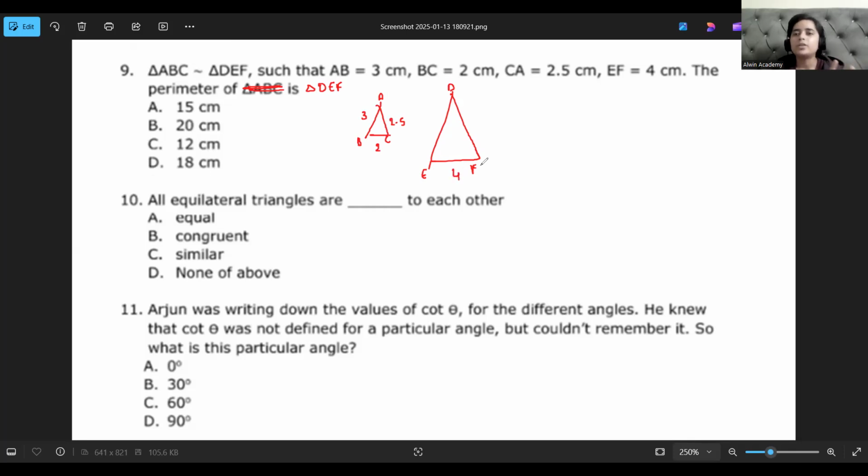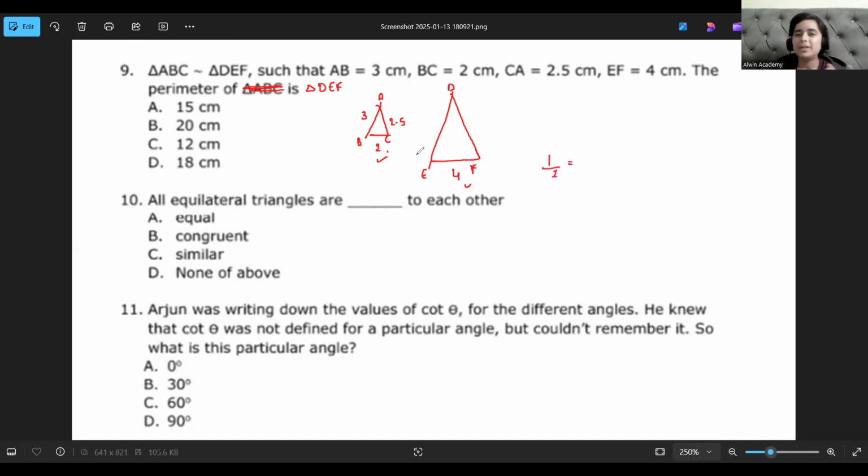Now, one way we can find the perimeter of triangle DEF is by using CPST, saying AB by DE is BC by EF is AC by DF, and so we'll get all of the lengths consequently. Or what we can also use is that the perimeter of two similar triangles is in the same ratio as the ratio of the sides. So if BC and EF are corresponding sides, BC by EF is 1 by 2.